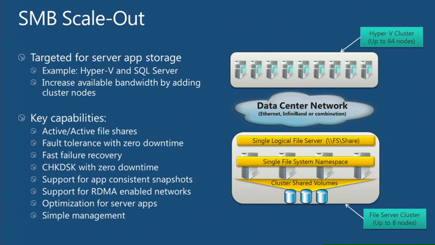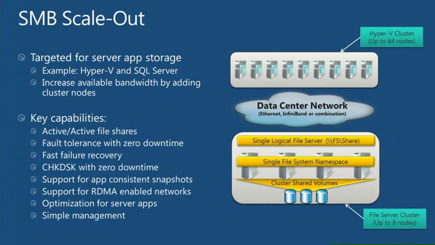Remember what that said? You can only use CSV with Hyper-V. Guess what this is? This is a file share on a CSV volume. That's how we see it on all nodes. So the short story of scale out is put a share on a CSV volume, it shows up on every node.